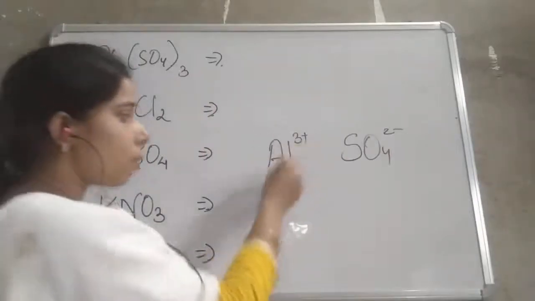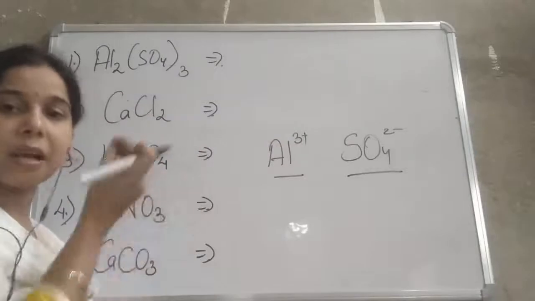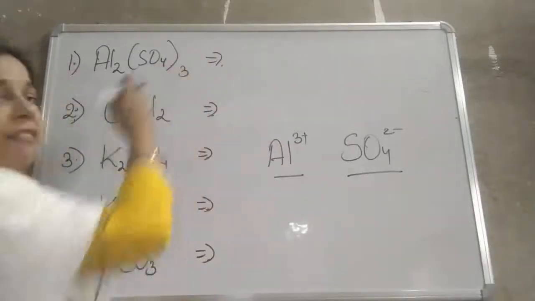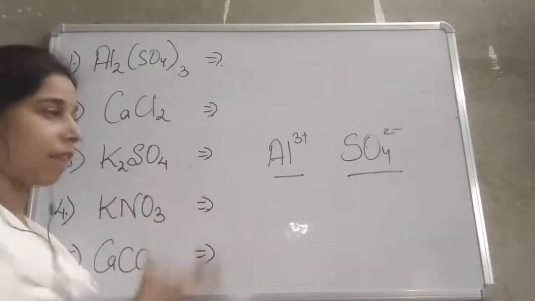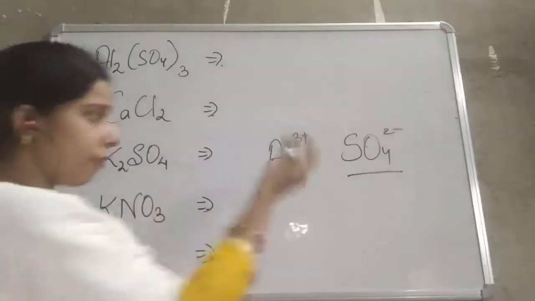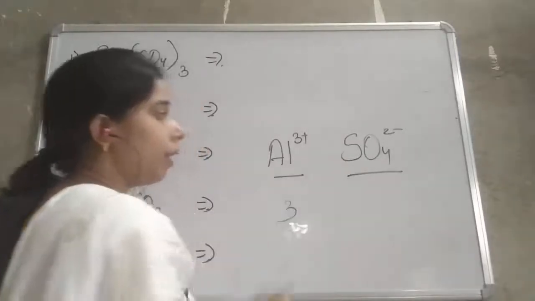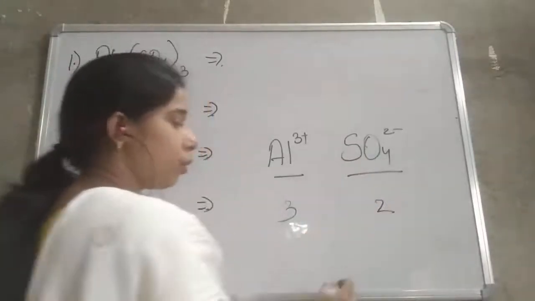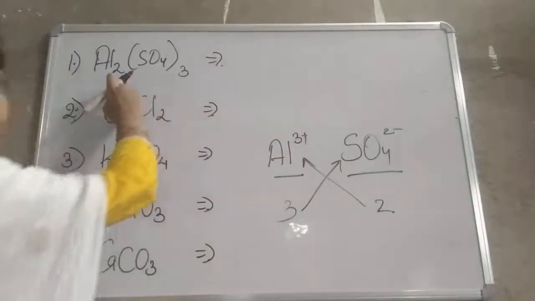So this is the cation, and this one is the anion, and both ions combine together to make the formula of that compound. So if you see the valency, the valency of aluminium will be 3 here, and that of sulfate will be 2 here.